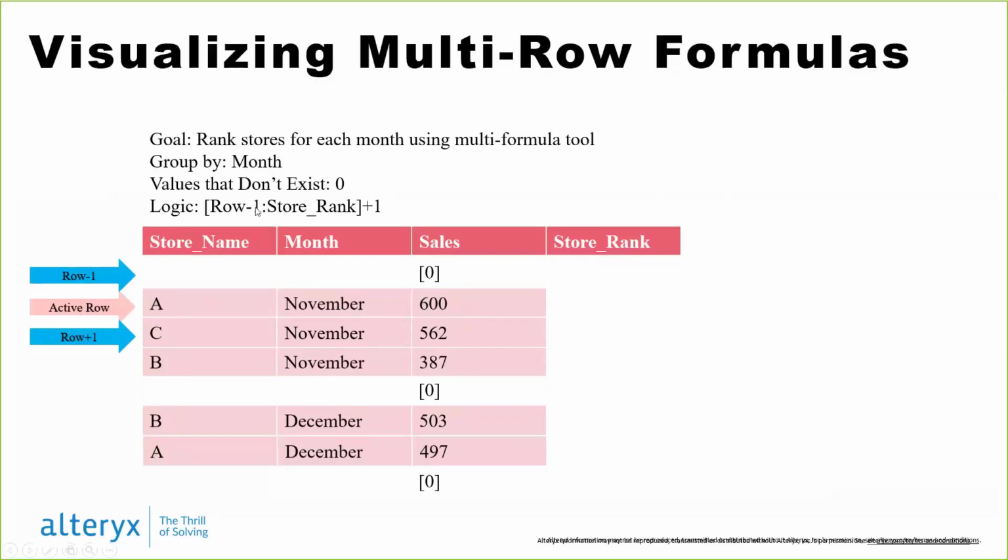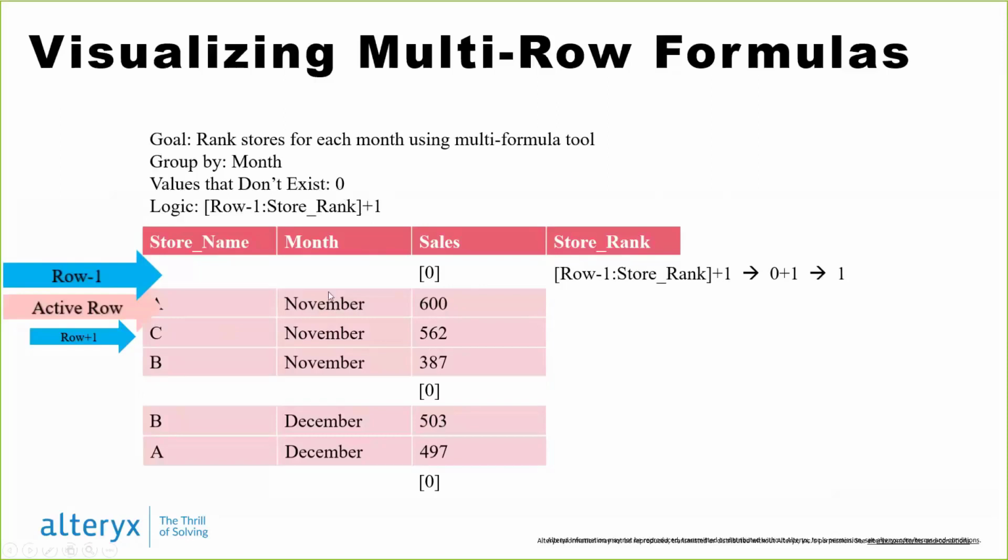Our logic says look at the rank that existed before that one and then add 1. Well, there was no store higher than store A in November, so that value doesn't exist, and it should be 0. So row 1's previous store rank is 0, and you can assign this via a drop down inside the multi-row formula tool. Plus 1, so 0 plus 1 is equal to 1.